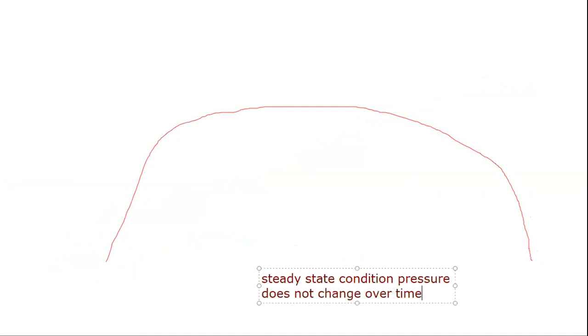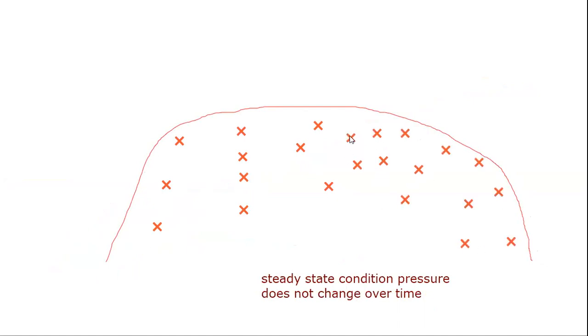The steady state condition says that pressure does not change over time. Pressure does not change at this point, this point, here, here. If you touch any point of the reservoir, the pressure is the same throughout, it does not change.